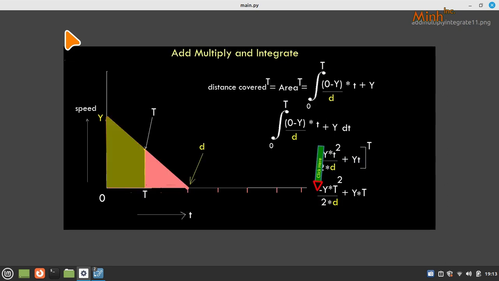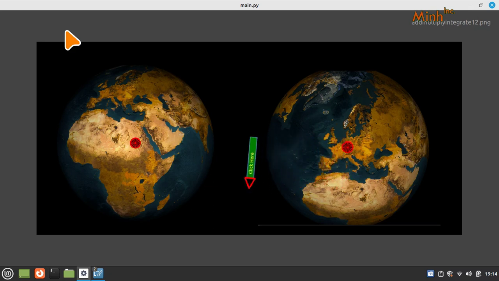Now every moment the globe is rotating. I know y, and I know t because I know how much time span is over and what the total time is. So at any moment we can calculate how much distance it has traveled. If I know how much distance it should travel by this time, and how much distance it has traveled by now, then it would help us in rotating the globe.